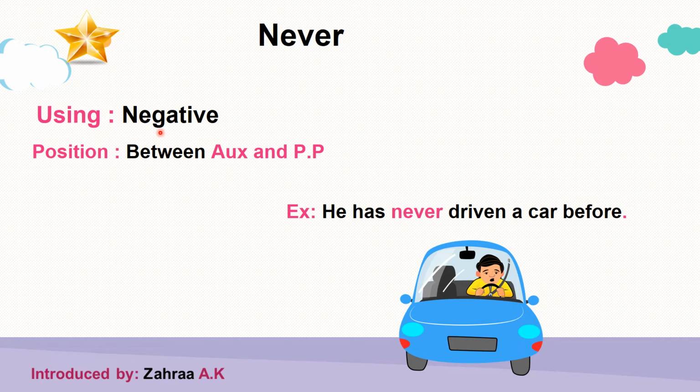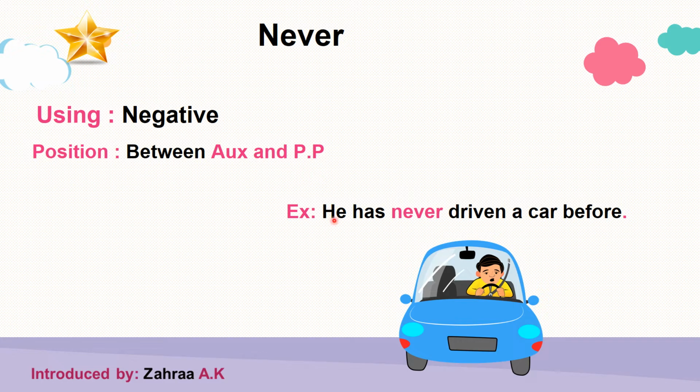The position of never is between the auxiliary and the past participle. It has the meaning of not. When we use it we don't need not in the sentence, يعني إذا استخدمنا never ما نحتاج نستخدم not.